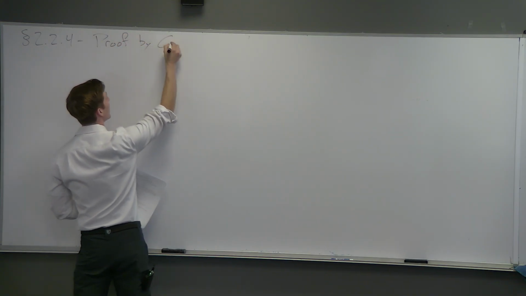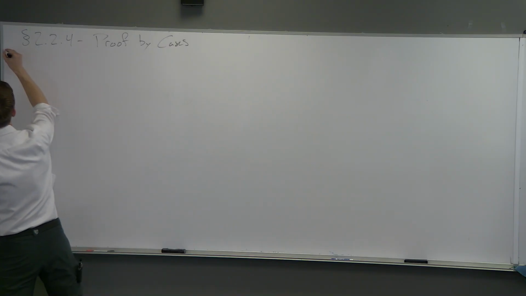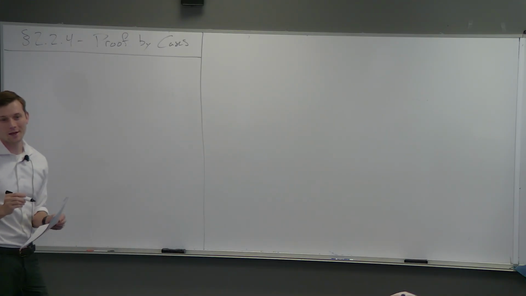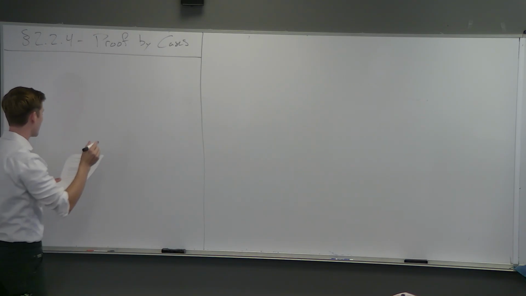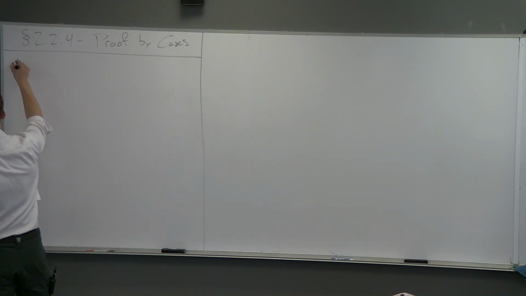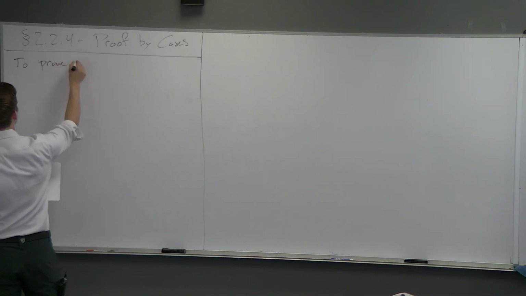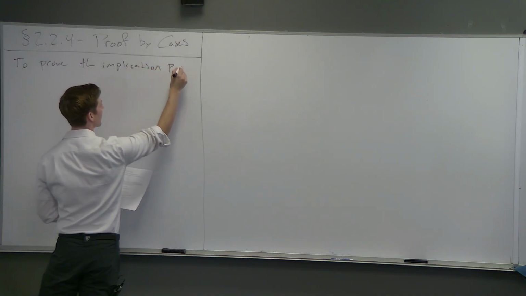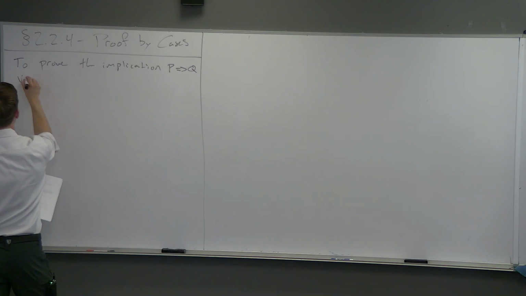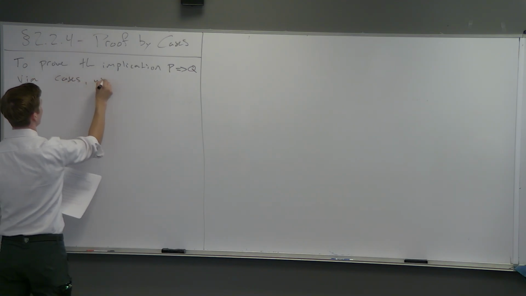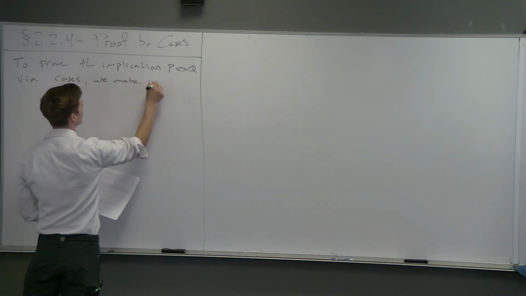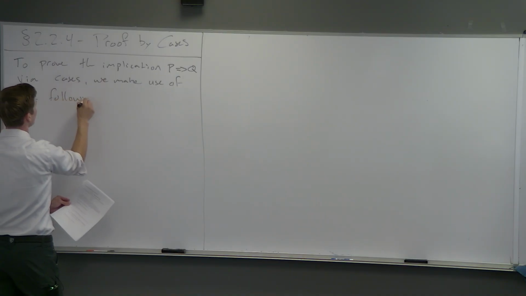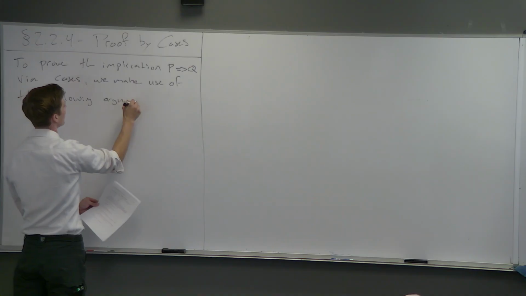Proof by cases. One of the harder homework problems in the next assignment is the following. To prove the implication P implies Q via cases, we make use of the following argument.